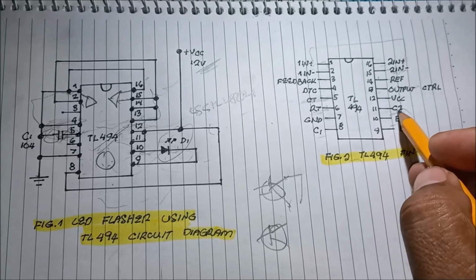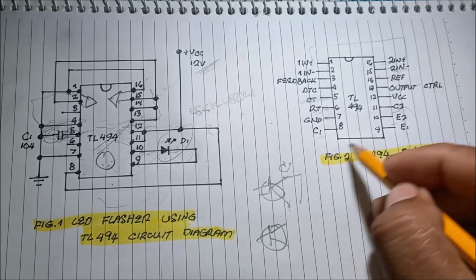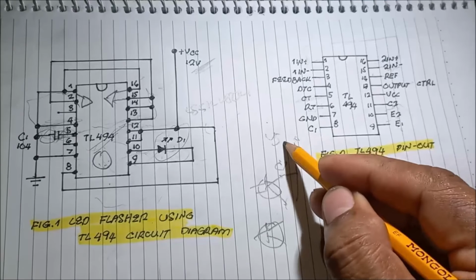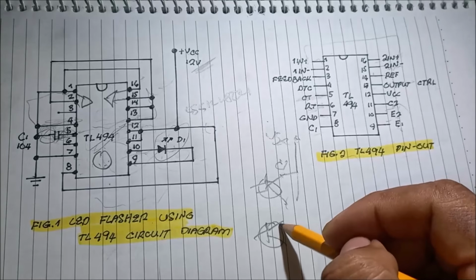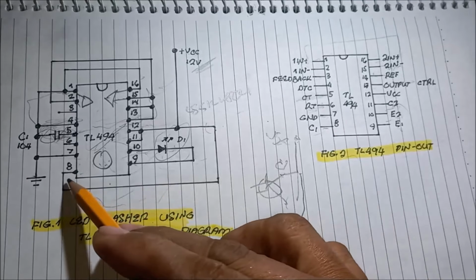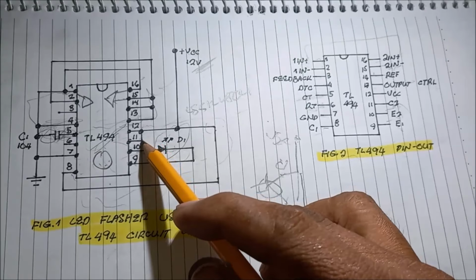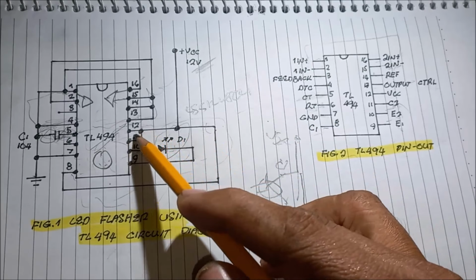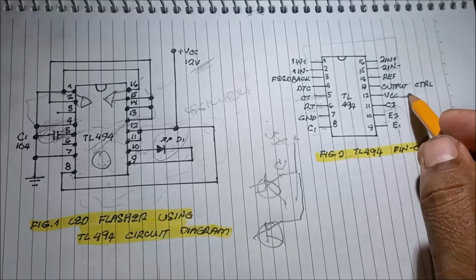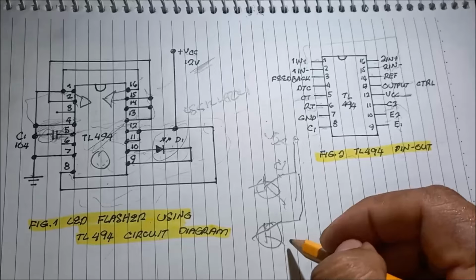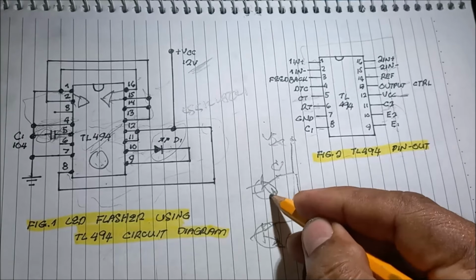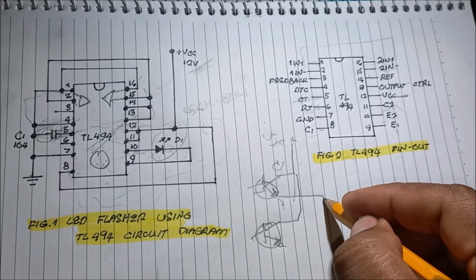Collector C1 is connected to the supply VCC, and the other collector, pin 8 to pin 11, is connected to pin 12, that is the supply VCC. And then the output is located here at the emitter 2.